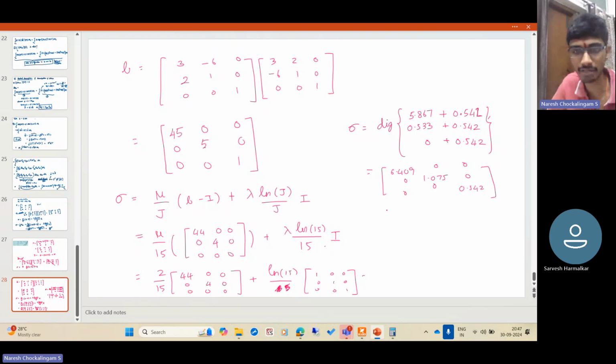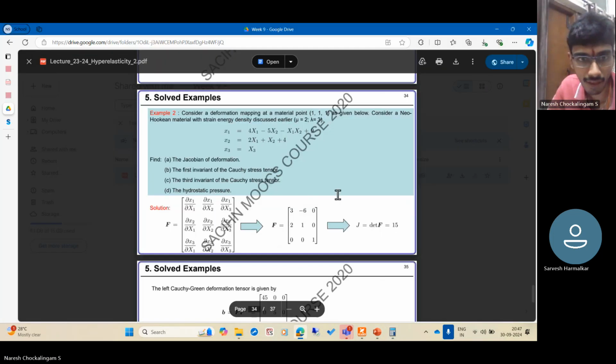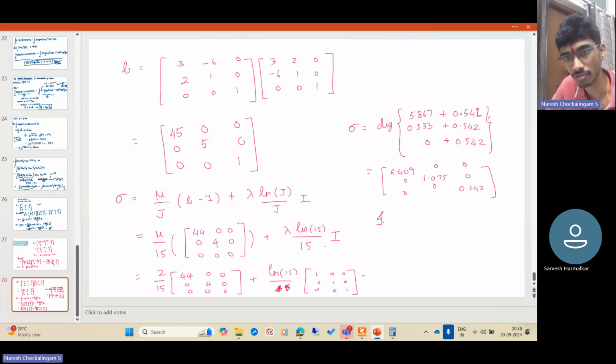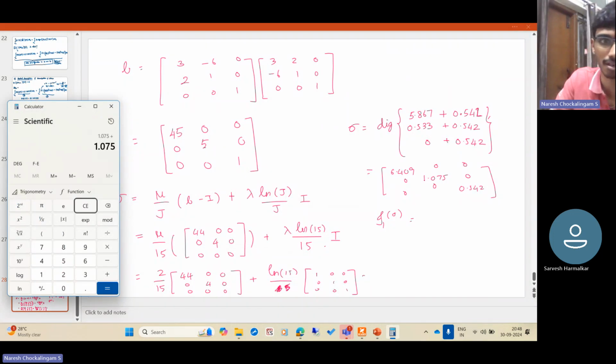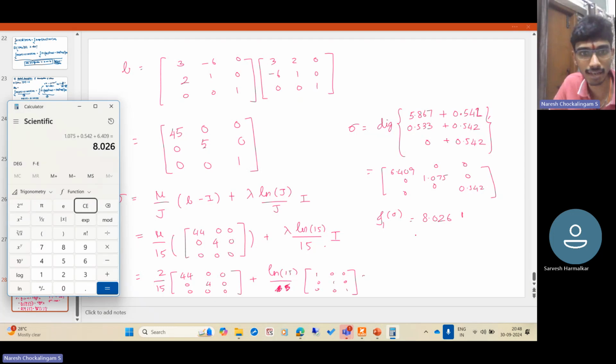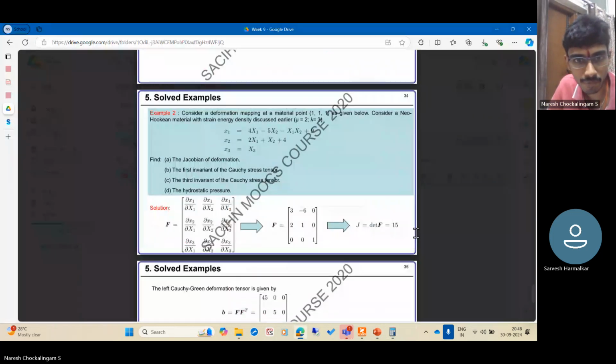Okay, then they're asking the first invariant of sigma. First invariant is just the trace. So it is the sum of all these: 6.409 plus 1.075 plus 0.542, which is some 8.026. Then they are asking the third invariant.